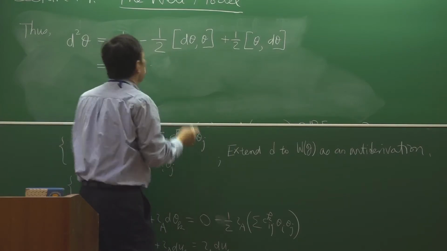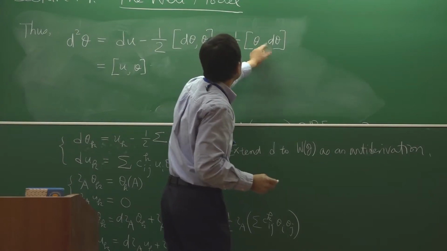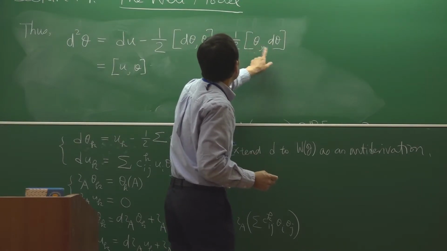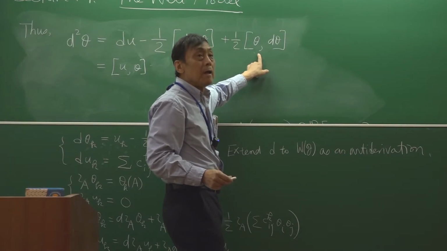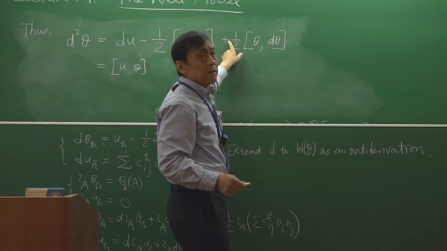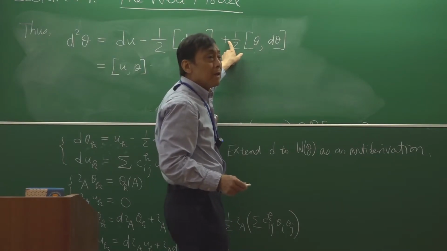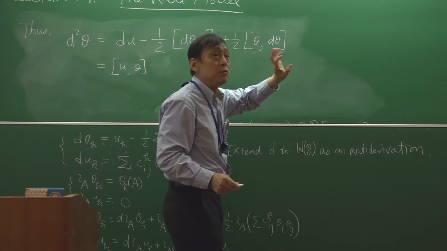And then these two terms you can combine, right? What happens if you interchange the order? Is it going to change sign or not? Because theta has degree 1, d theta has degree 2.